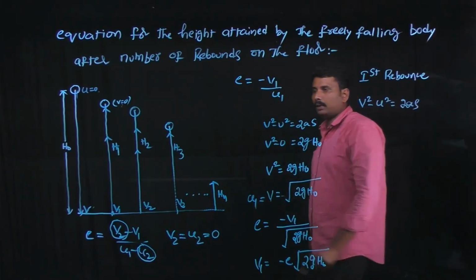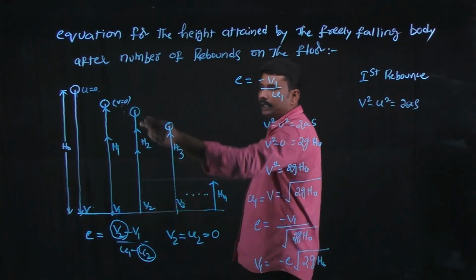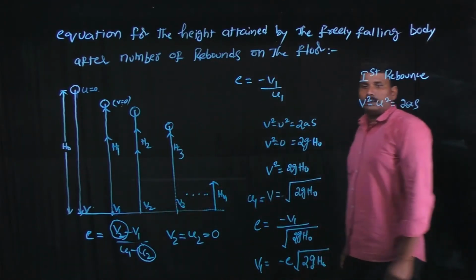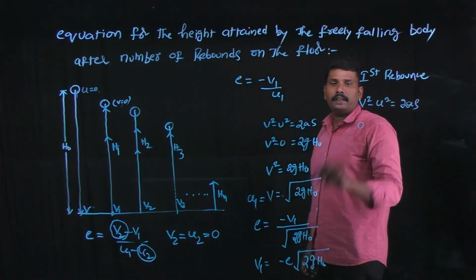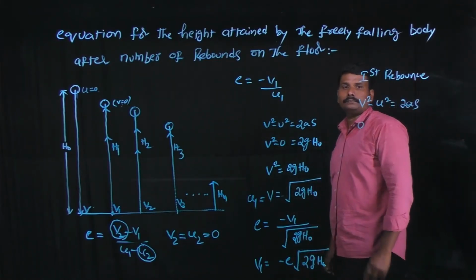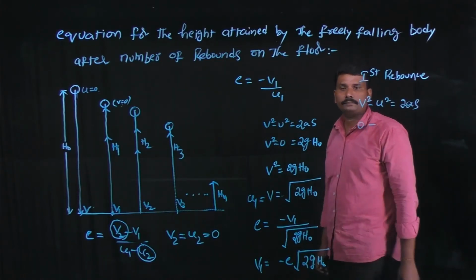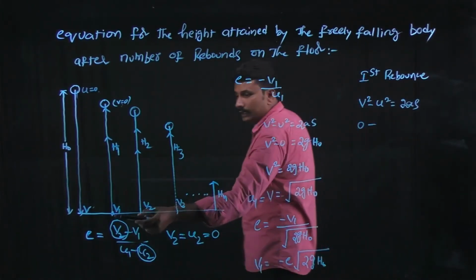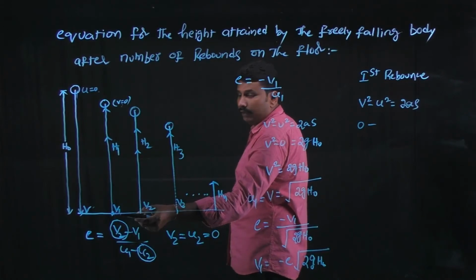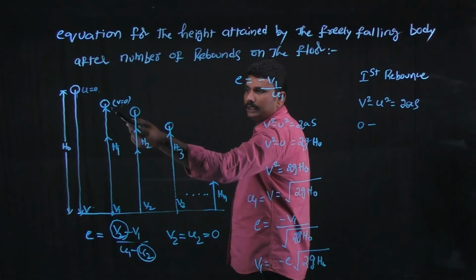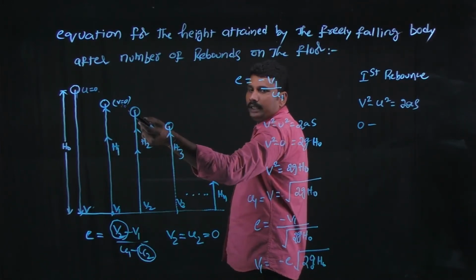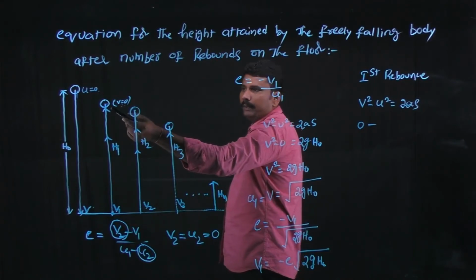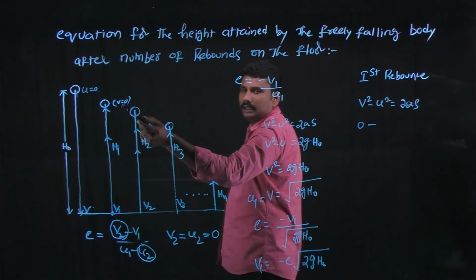For the first rebound, it is like a vertically projected body. In case of a vertically projected body, on reaching the maximum height, the velocity is 0, so we get 0 minus u square. At the final condition, it reaches the maximum height, where the velocity is 0.